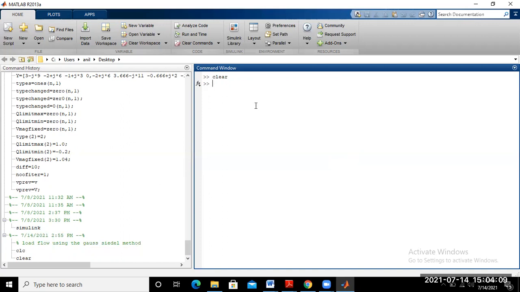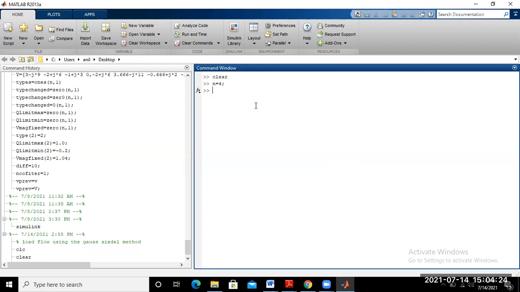So write n equal to the number of buses you have considered, suppose a 4-bus system, and then enter.